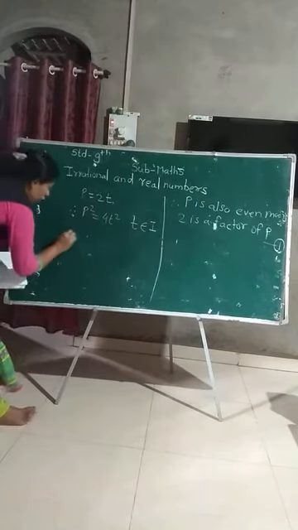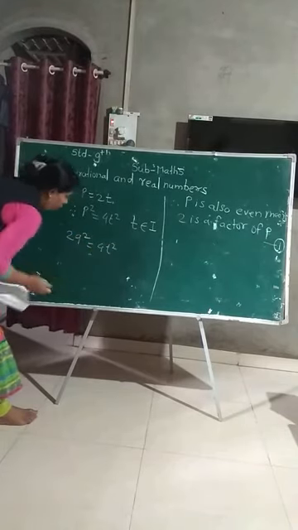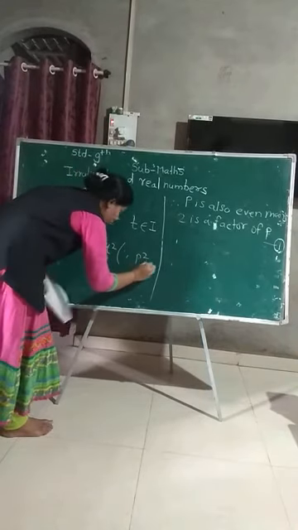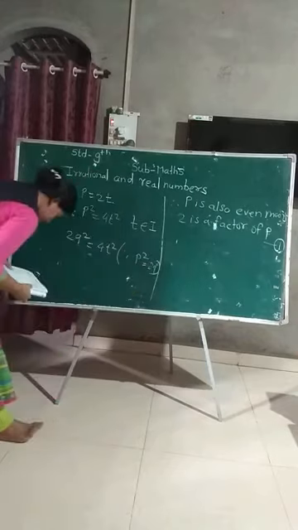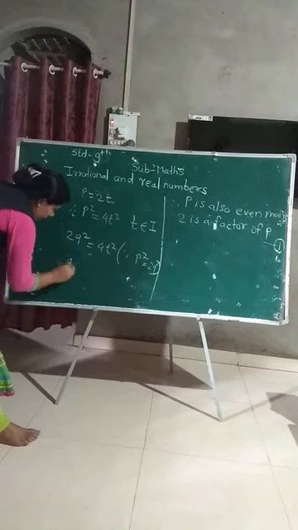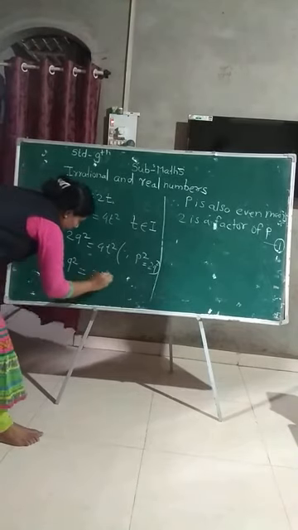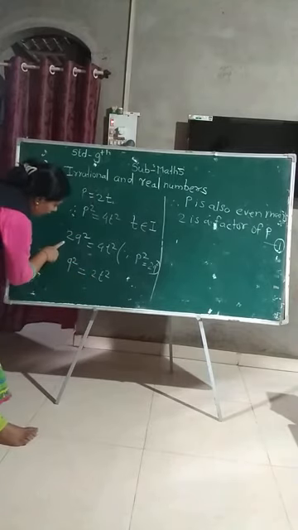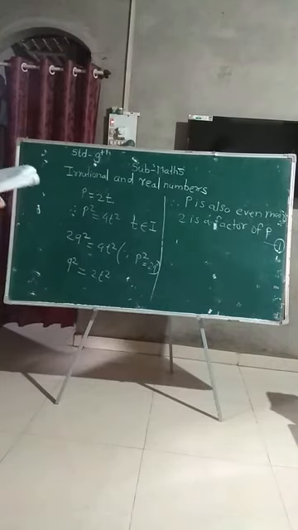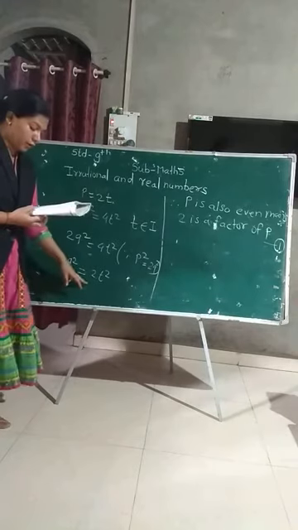Here we write 2q square is equal to 4t square, because we know that p square is equal to 2q square. Therefore, in the next line, dividing by 2 on both sides, we get q square is equal to 2t square.